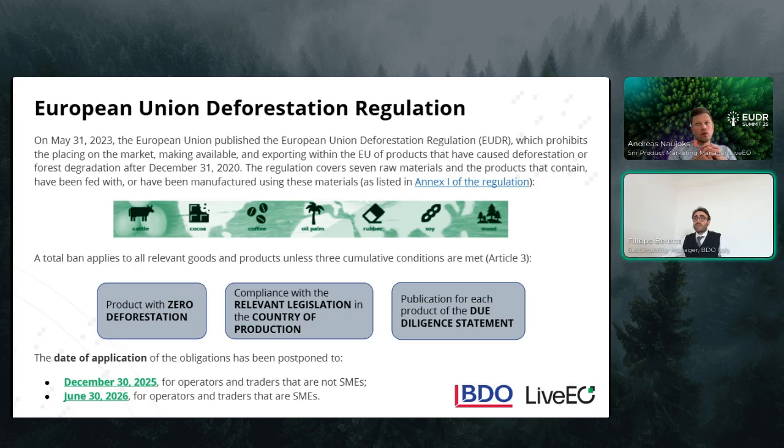The product must be deforestation-free, the legislation of the country of production must be respected, and a due diligence statement must be present on the part of the operator or trader. Compliance with these 3 macro requirements allows the company to be compliant. We have now seen some implications of the regulation, but its complexities go far beyond that.